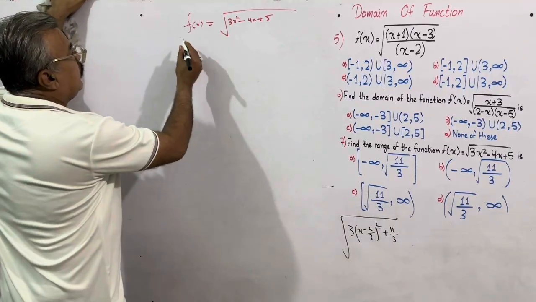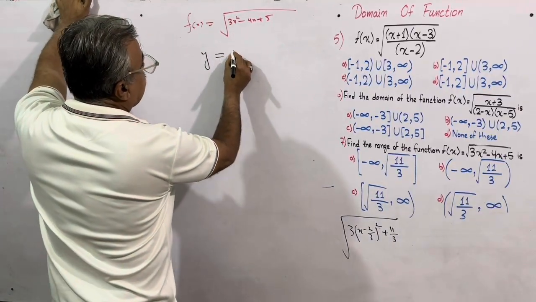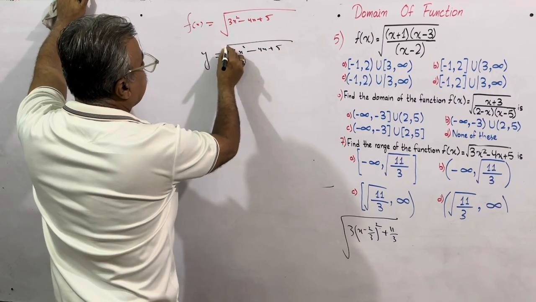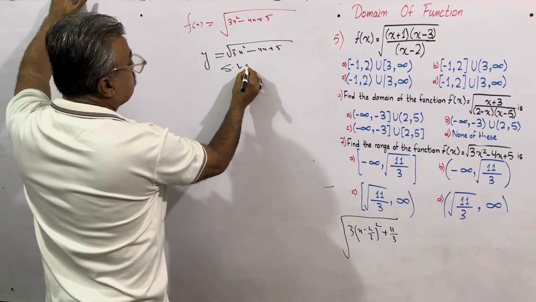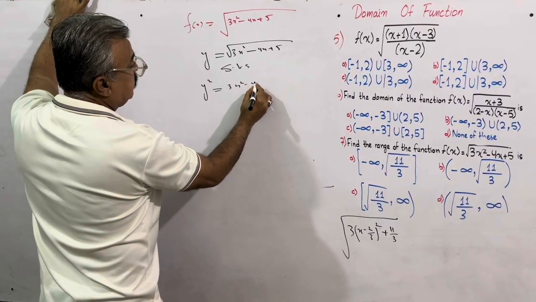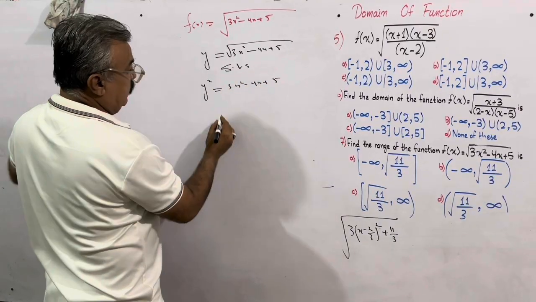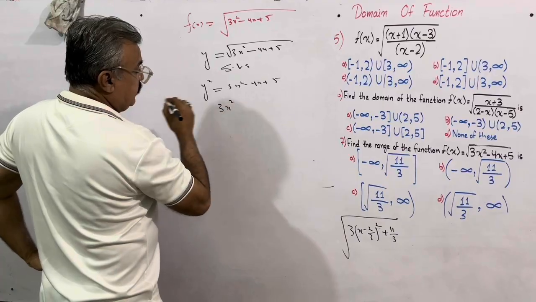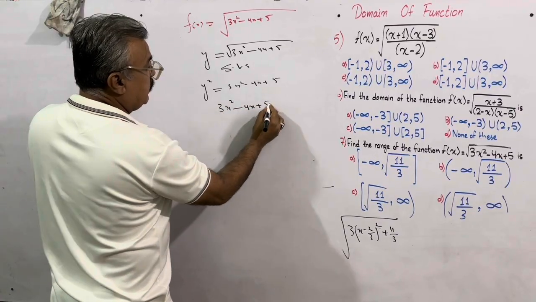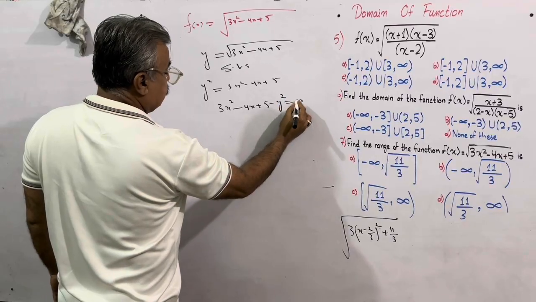Okay, f of x means y. Squaring both sides, I have y squared is equal to 3x square minus 4x plus 5. Writing a quadratic in x, I have 3x square minus 4x plus 5 minus y squared is equal to 0.